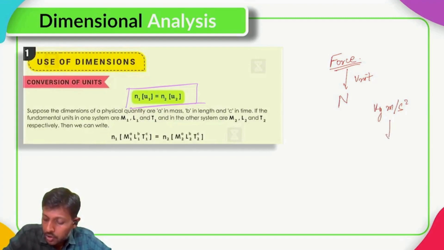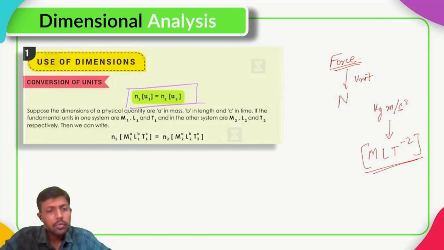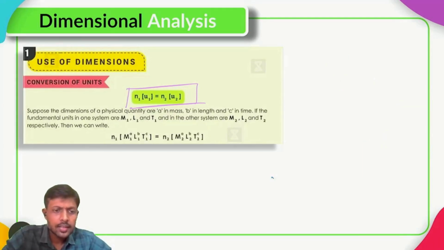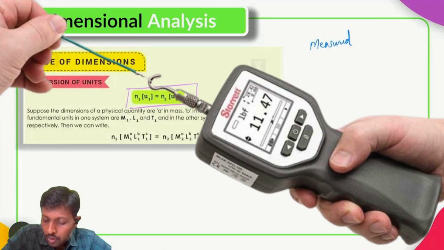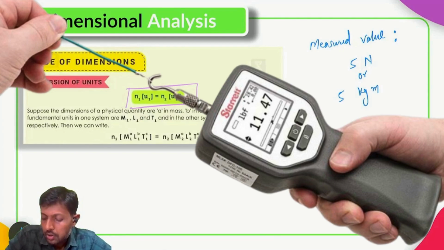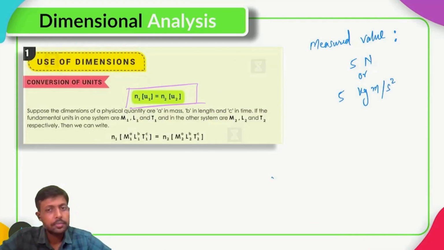If I write the dimension of this, kg is mass, meter is length, and seconds is time, so T to the power minus 2. This is the dimension of force. Let's say the measured value of force is 5 Newton or 5 kg meter per second square.